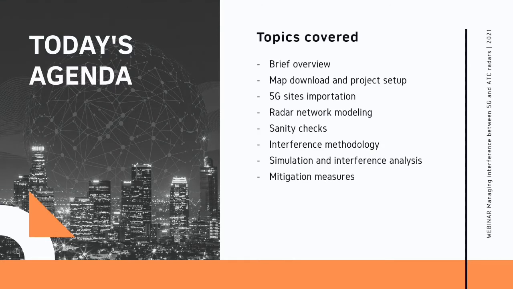So the topics we're going to discuss today, first I need to give you a general overview of what I'm trying to do or how the process works. I'm going to also walk you through the project setup process, all the way from map download to 5G site importation, radar network modeling, and I'm going to shed light on the sanity checks that you need to go through, and move on to interference analysis methodology and running simulation and mitigation measures.